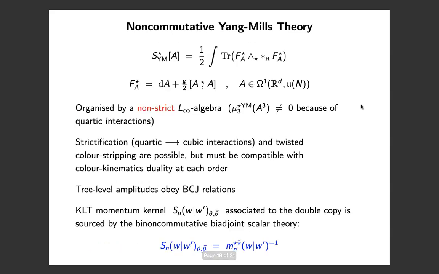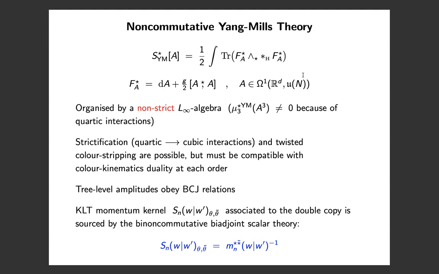Okay, so my last slide, and this is just saying what happens with non-commutative Yang-Mills theory. Again, I can write down the action functional for non-commutative Yang-Mills theory. There's a bit of a story here about the double copy because, of course, the interactions here are no longer cubic. So they're quartic interactions, which means there's a non-trivial product, and the underlying L-infinity algebra is not a strict L-infinity algebra.